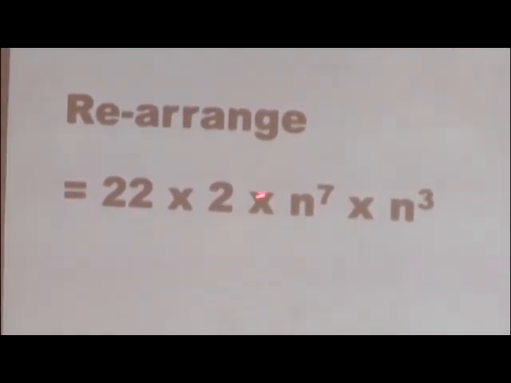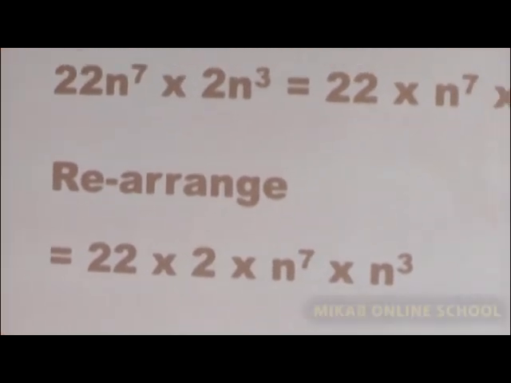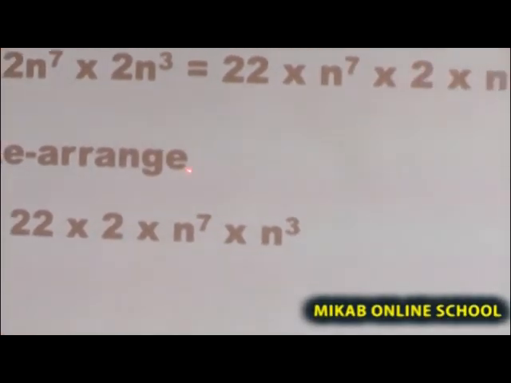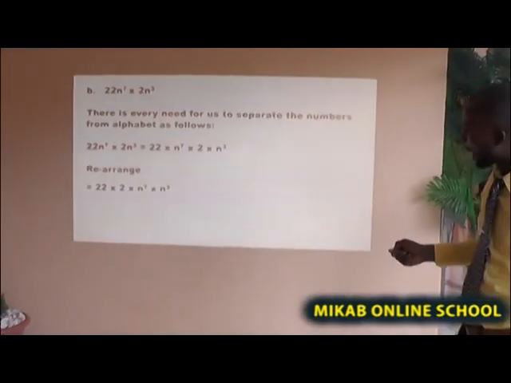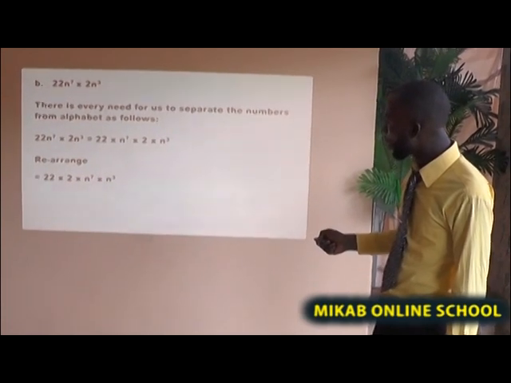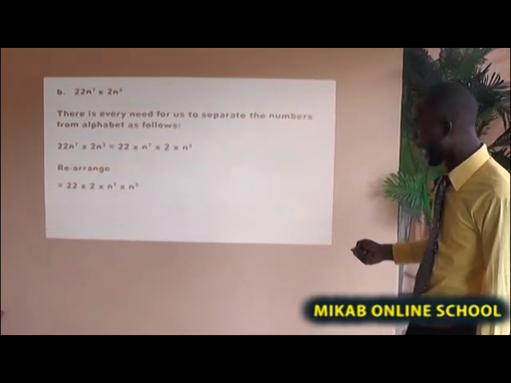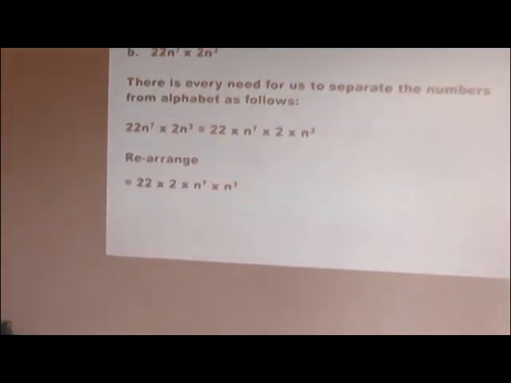Now, if you look at this one, it agrees with the multiplication law, and we are going to pick one out of these two bases. We look at the powers, which are 7 and 3, and we are going to add them together.